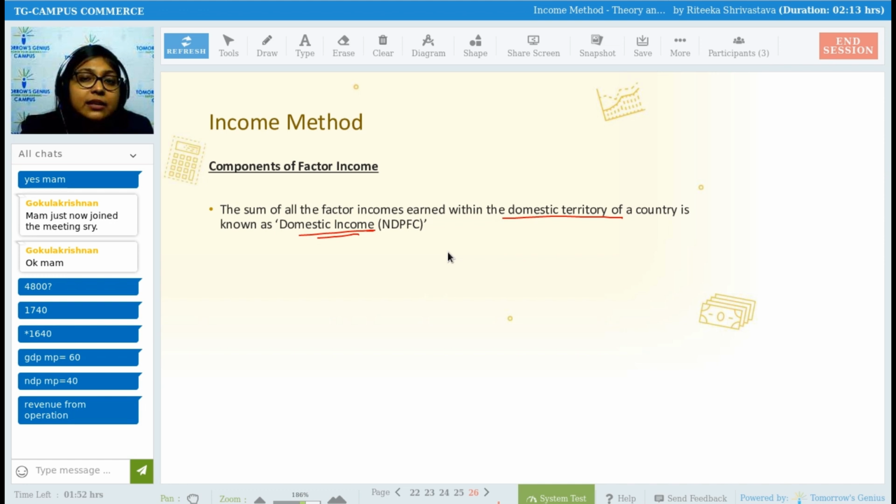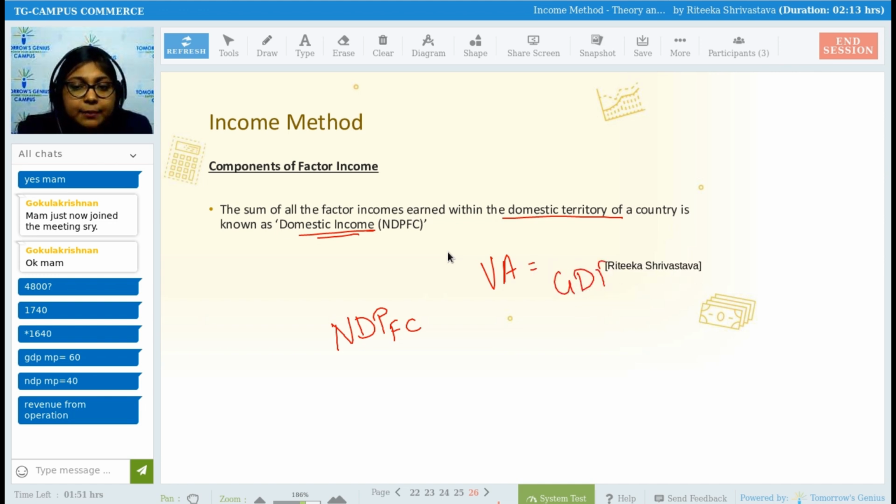And which aggregate does it represent? It is represented as NDP at FC, that is net domestic product at factor cost. So we know the value added method represents the aggregate GDP at MP. Likewise, the income method represents the aggregate NDP at FC.